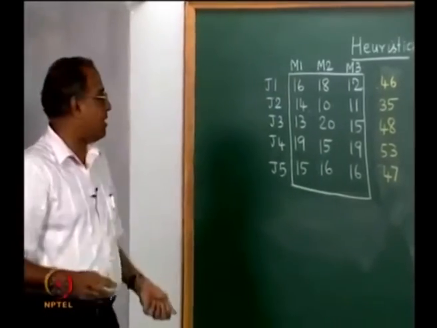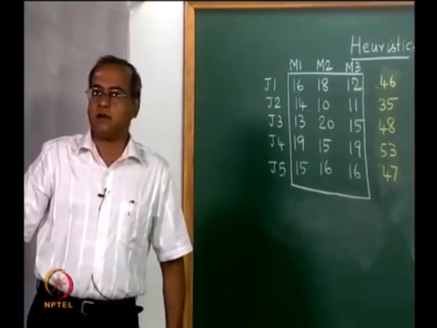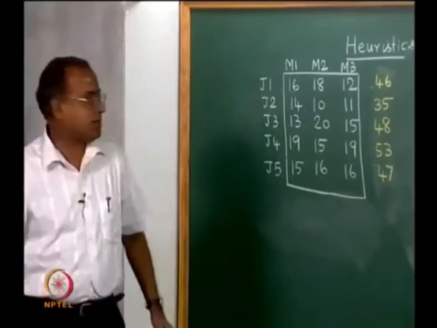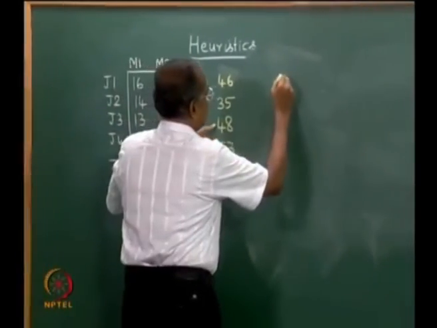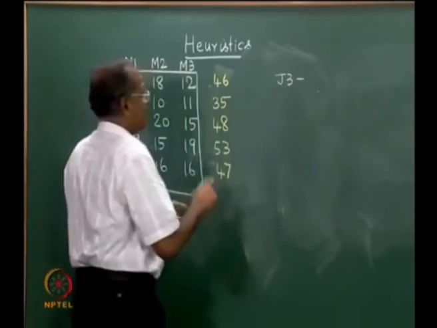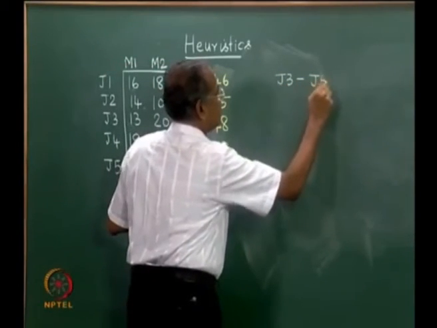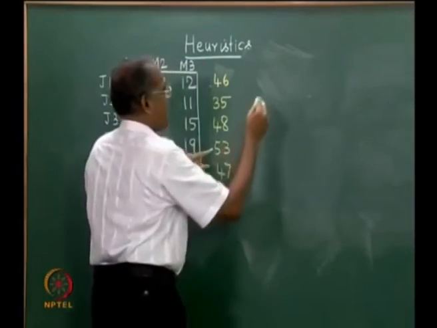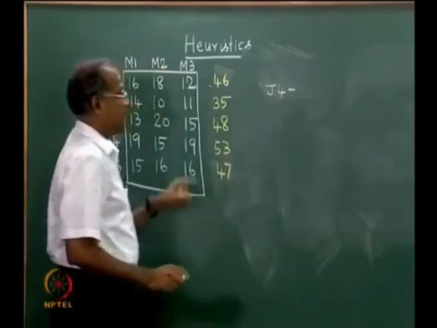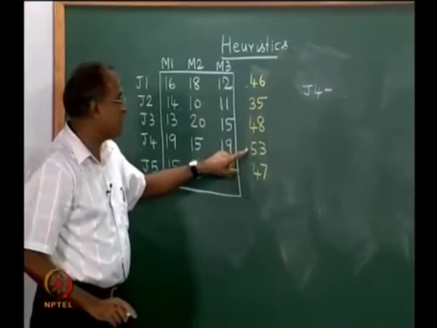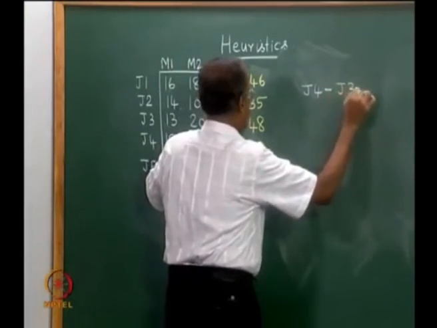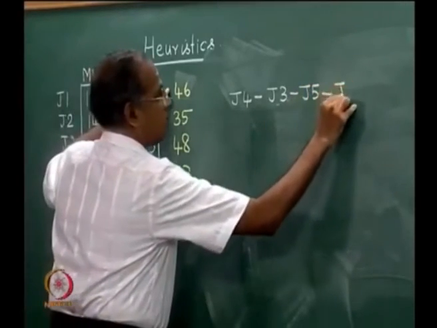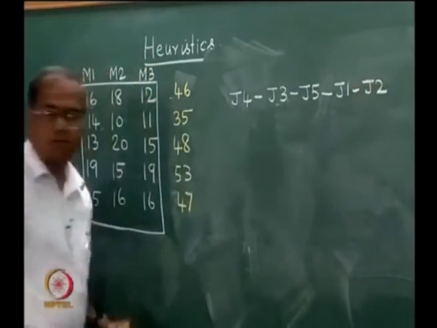Now we arrange the jobs in decreasing order of the total processing time. Decreasing would always mean non-increasing order. The highest is J4 with 53, the next is J3, the third is J5, the fourth is J1 and the fifth is J2.